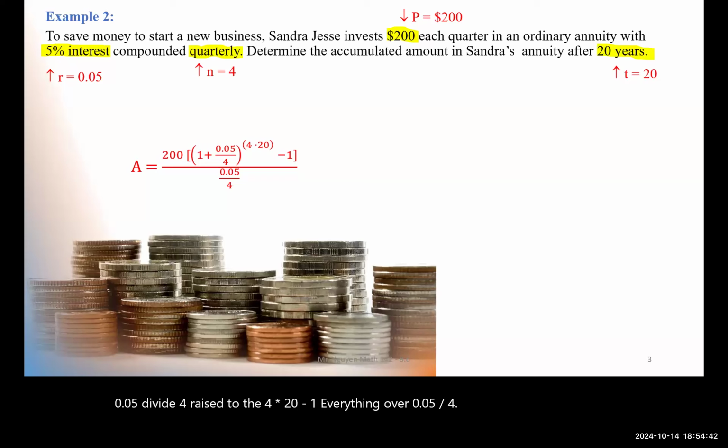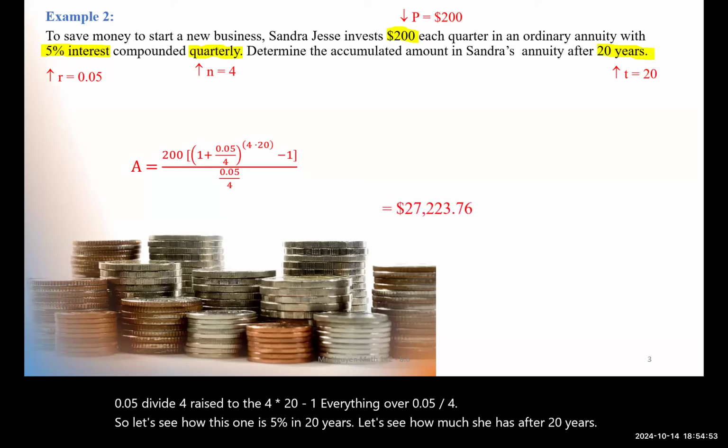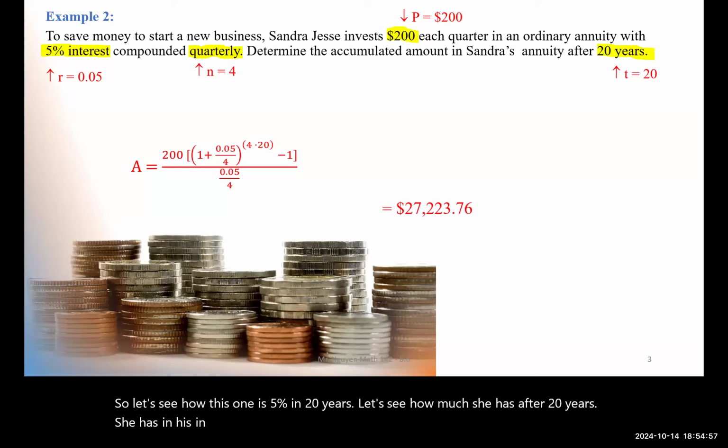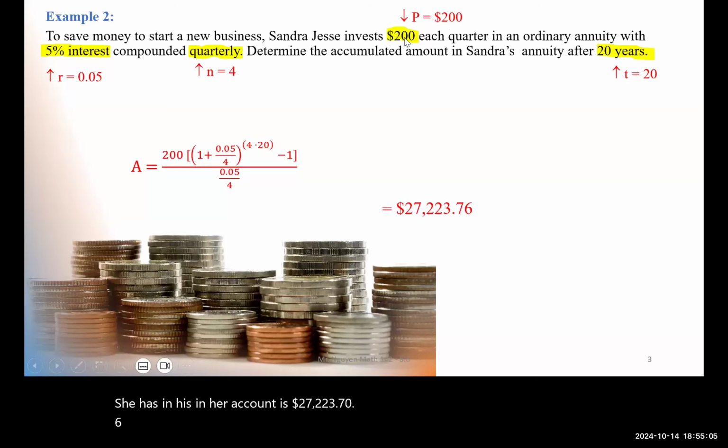So let's see how much she has after 20 years. She has in her account $27,223.76. She put in 200 for each quarter.